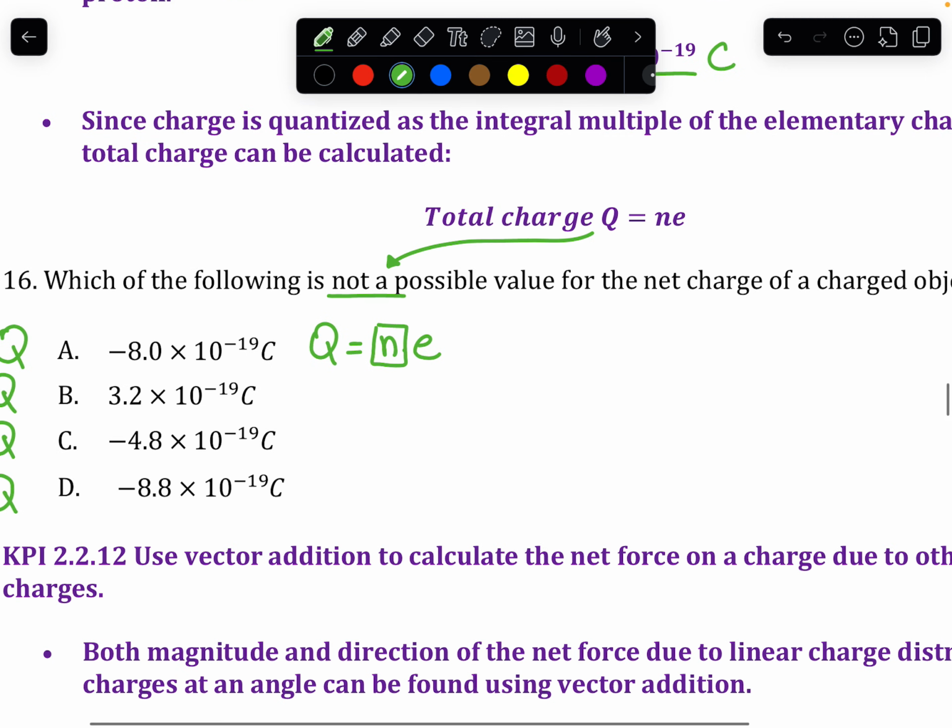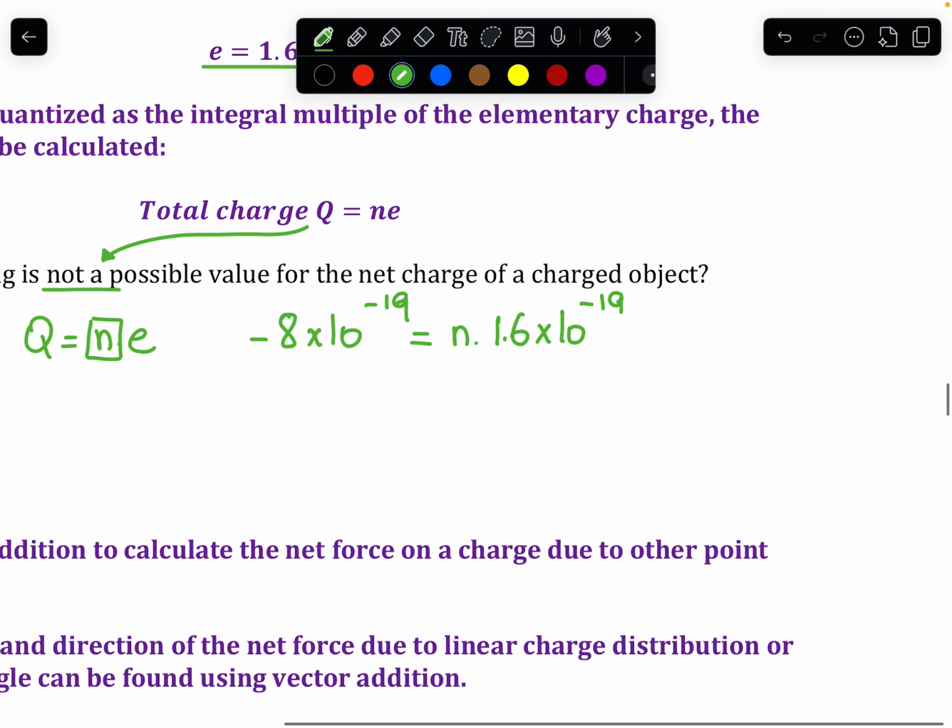So let us try it. 8 × 10^-19 equals n multiplied by 1.6 × 10^-19, giving me that n, certainly here in absolute value, equals 5. So yes, I can have 5 electrons.